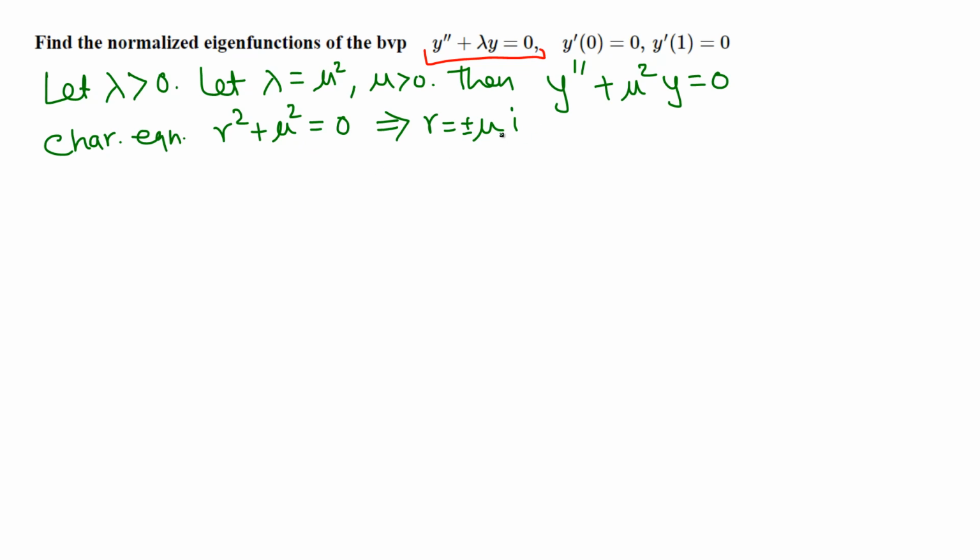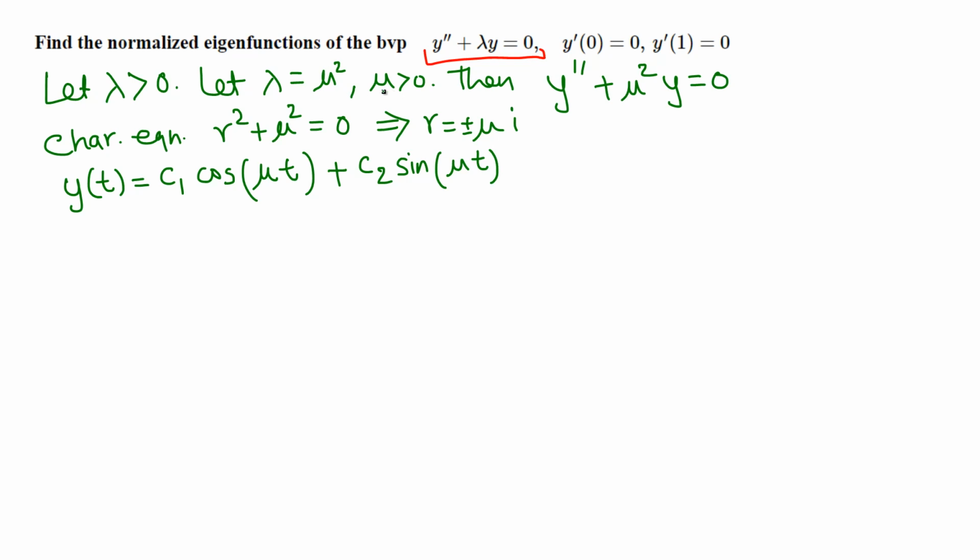That means cosine mu t and sine mu t are two solutions, and we can write down the general solution, that is y as a function of t equals c1 cosine mu t, or we can go for mu x as well, plus c2 sine mu t.